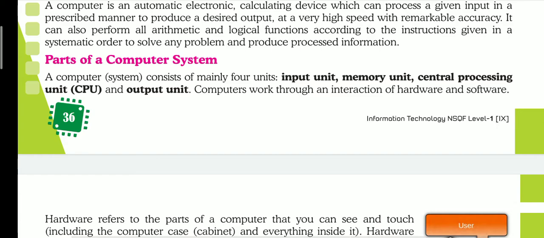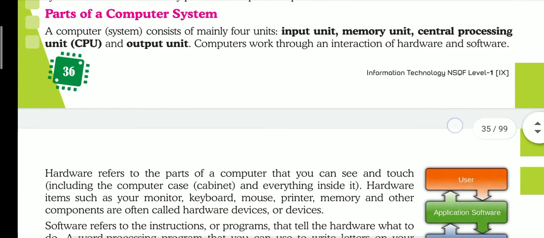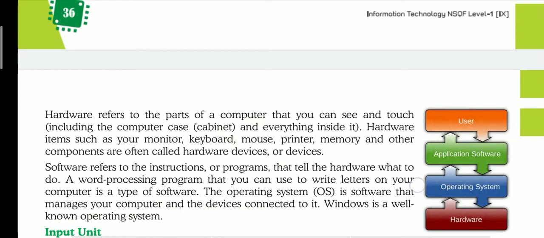Parts of a computer system. A computer consists of mainly four units: input unit, memory unit, central processing unit, and output unit. A computer works through an interaction of hardware and software. As we all know, both hardware and software are necessary for a computer.